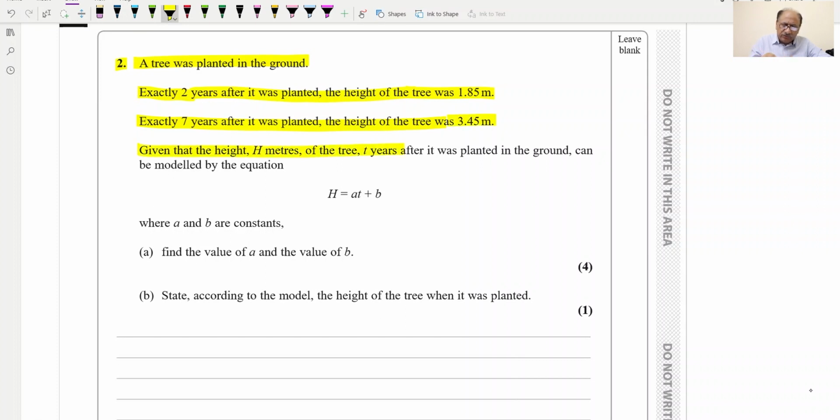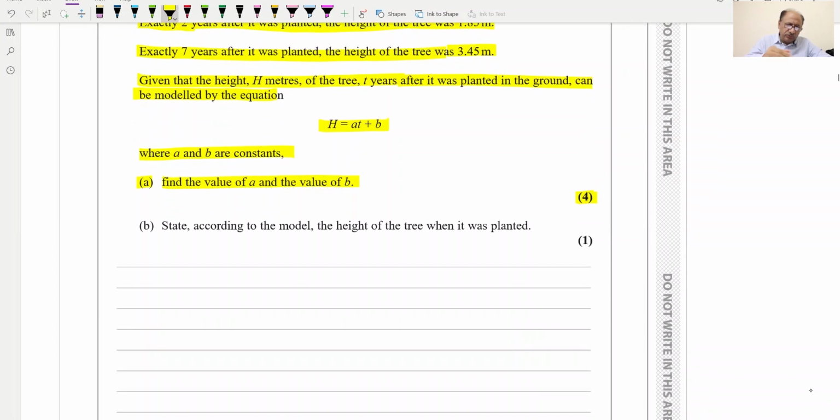Given that the height h meters of the tree, t years after it was planted in the ground, can be modeled by the equation provided, where a and b are constants. Part A: find the value of a and the value of b, and this is a 4 mark question.